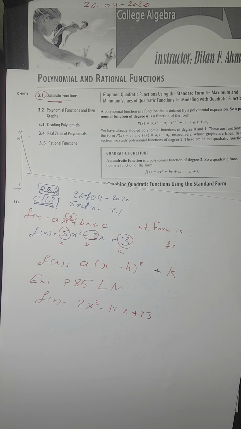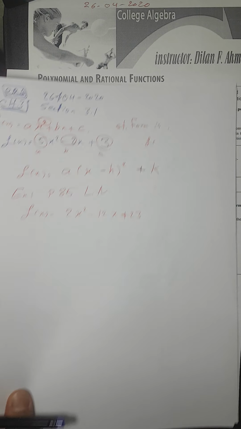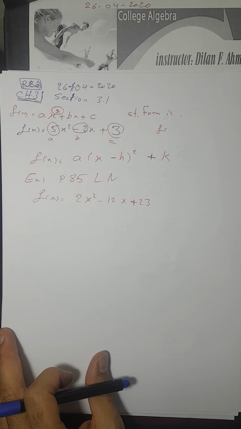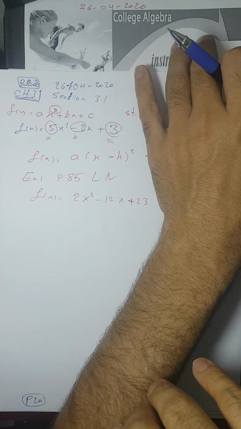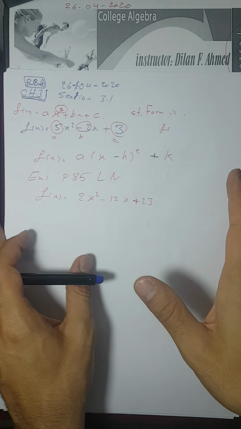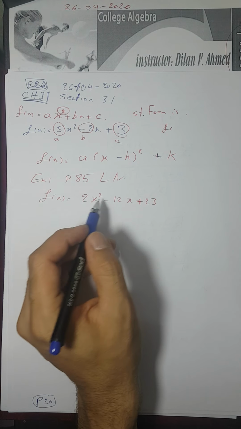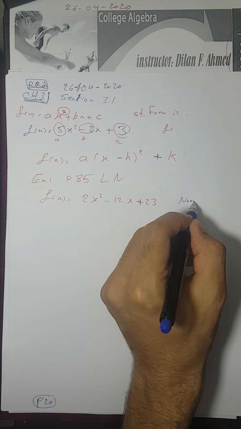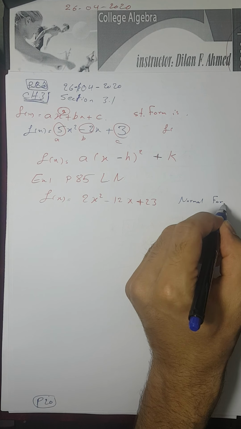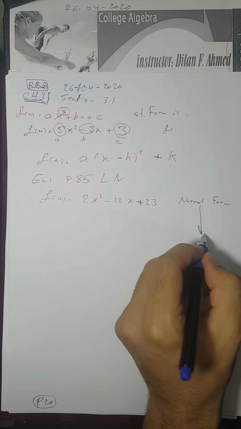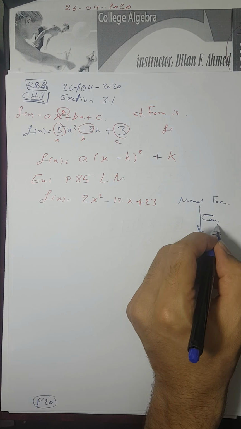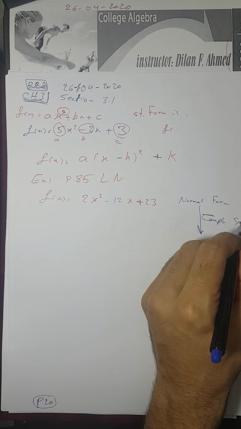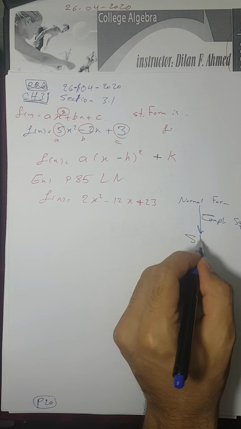The important thing here is to see how you change this one to the standard form. This is in the normal form, so you should transform it by completing the square into the standard form.